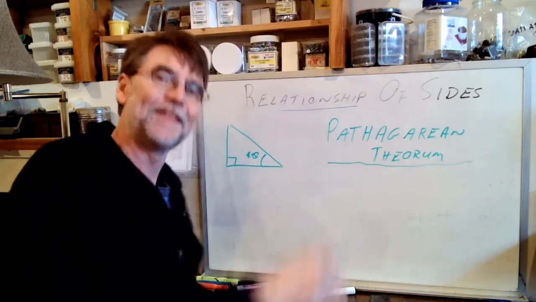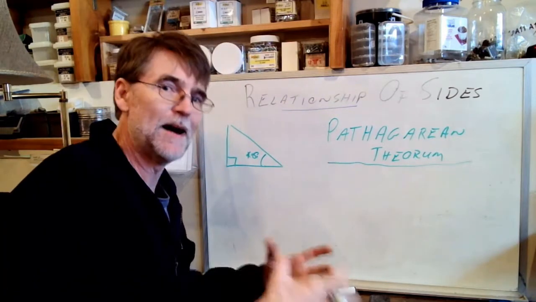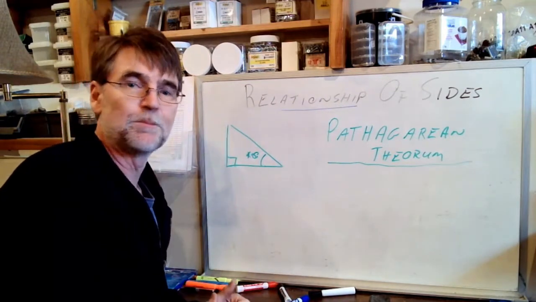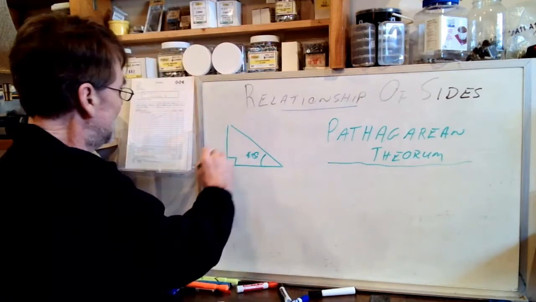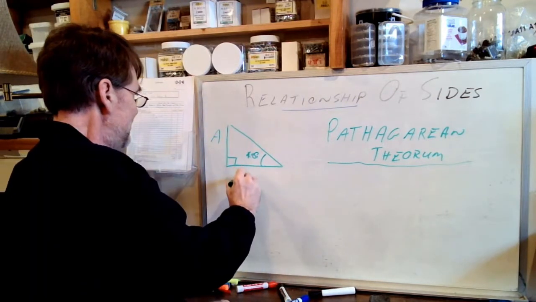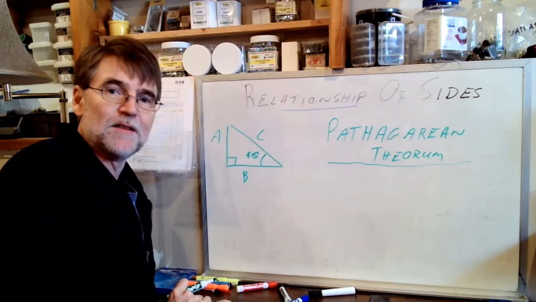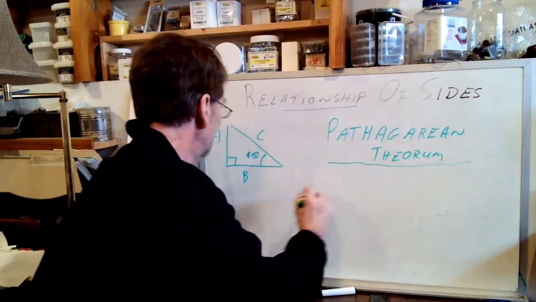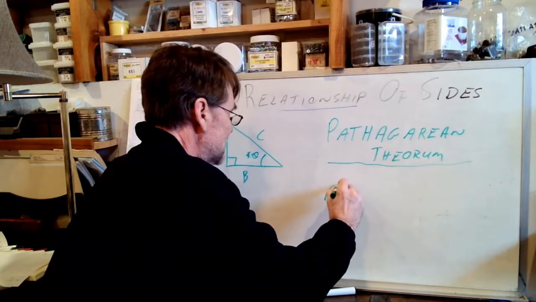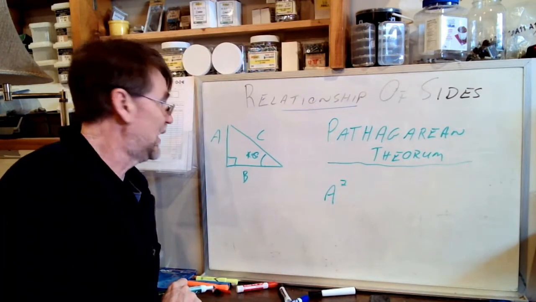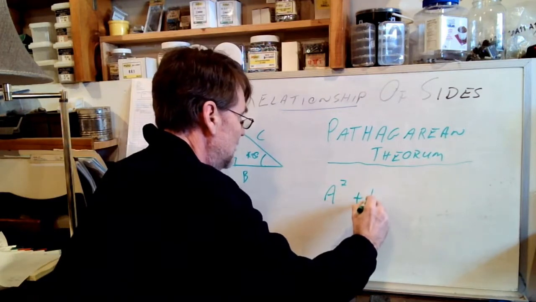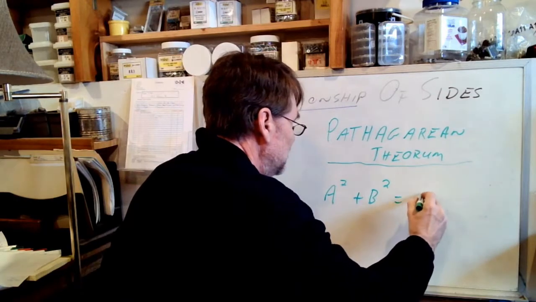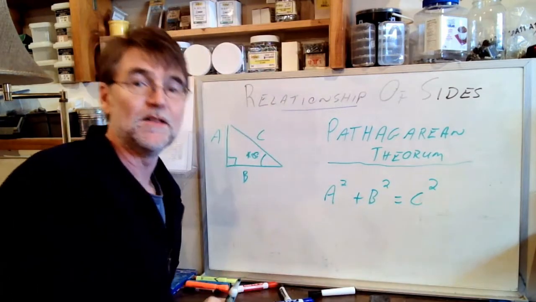The Pythagorean Theorem, okay, developed by Pythagoras, tells us about the relationship of the three sides. Okay, and if I say that this is A and this is B, so we assign the hypotenuse the value of C, the Pythagorean theorem says that the square of the first side plus the square of the second side will be equal to the square of the hypotenuse.